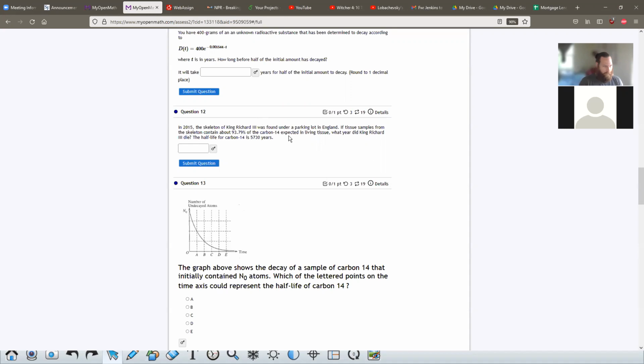So first, let me transcribe the important information, and I want you guys to tell me where to begin. In 2015, King Richard III's skeleton was found with 93.79% of the carbon-14 in living tissue.